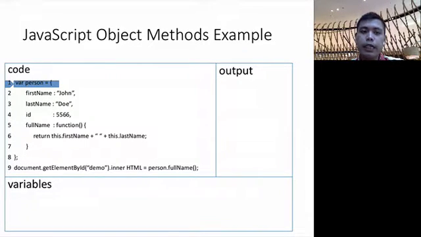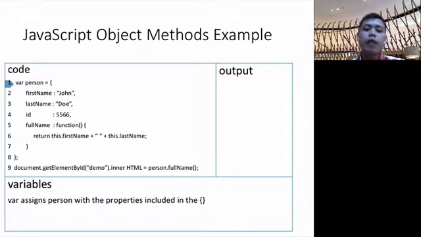Here we can see a JavaScript object method example so that you can better understand how the code behaves line by line. For the first line, a variable is defined, person, which is assigned the properties included in the curly braces.